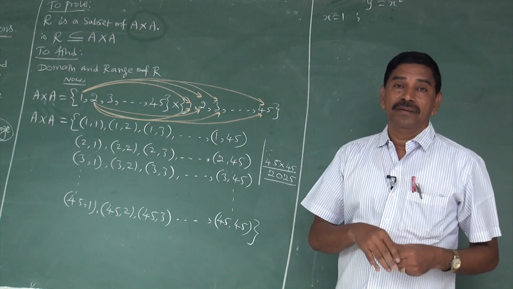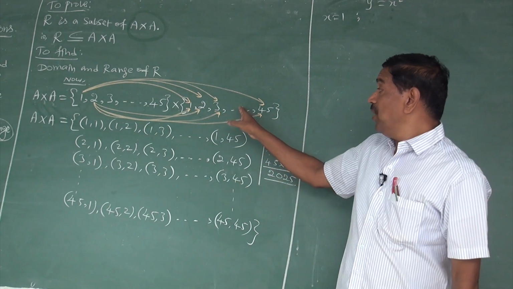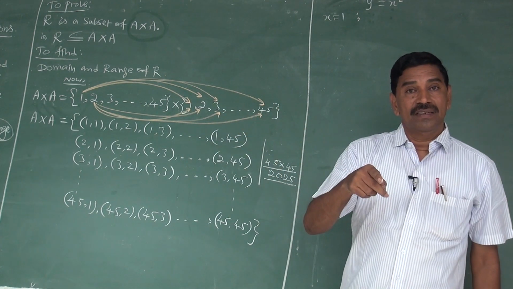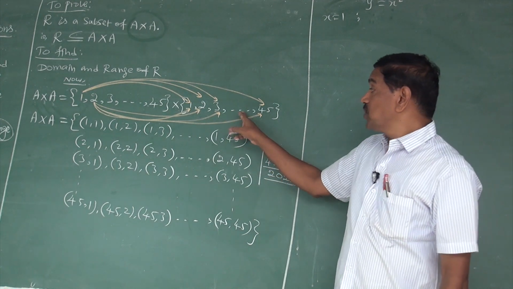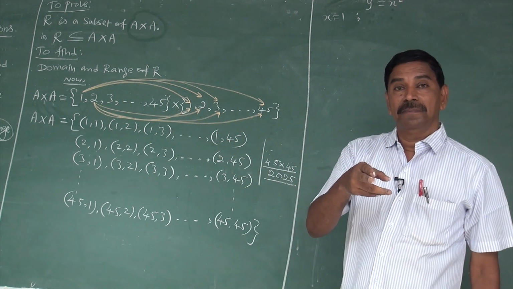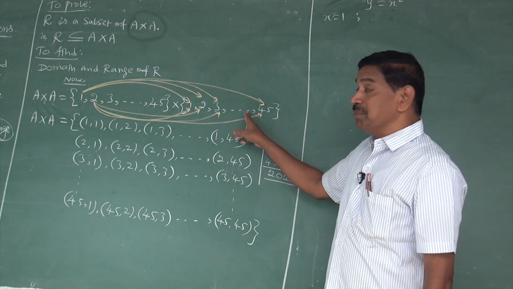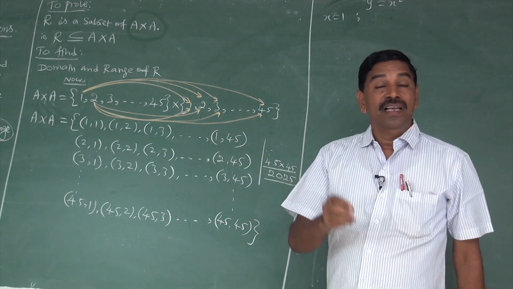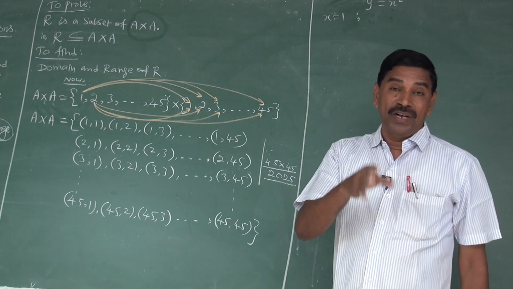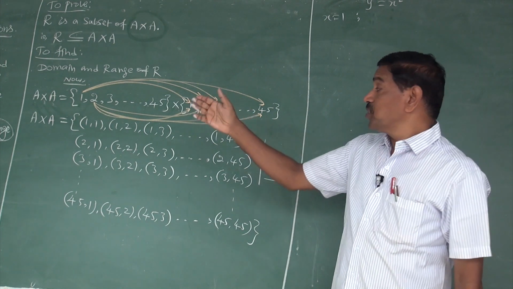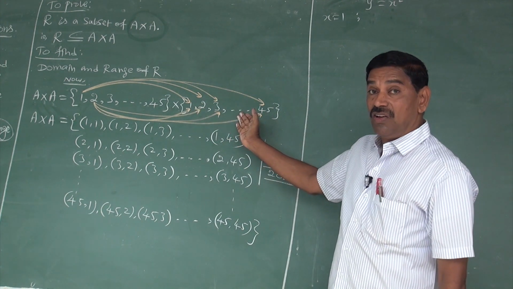Square of 4 is anyone? 16. 16 belongs to A. Square of 5 is 25. 25 belongs to A. Square of 6 is 36. 36 belongs to A. Okay. Square of 7 is 49. Whether 49 belongs to A set or not?